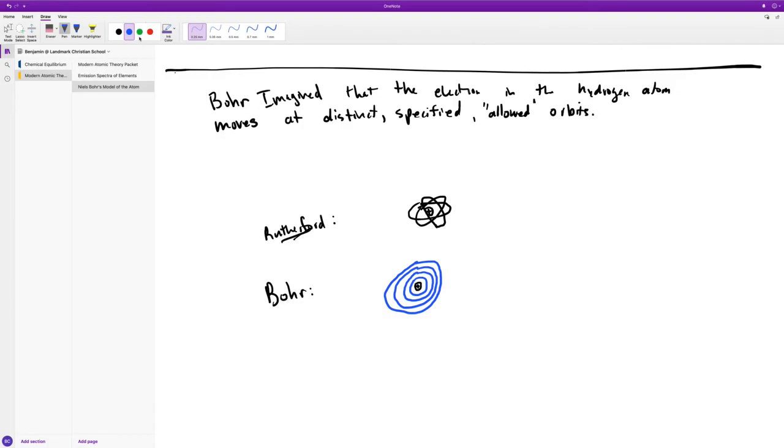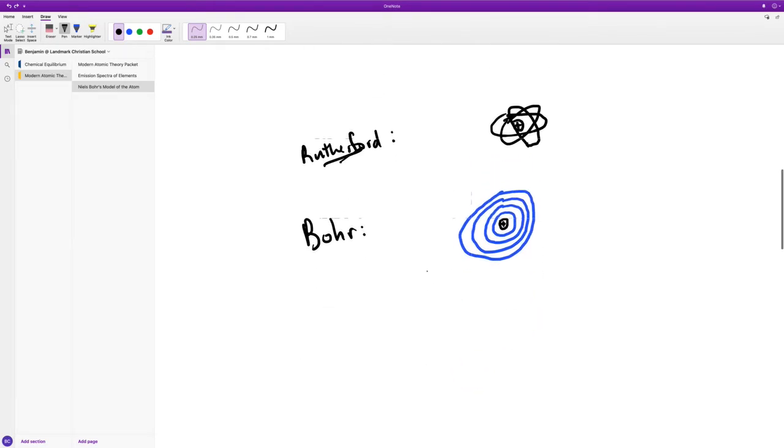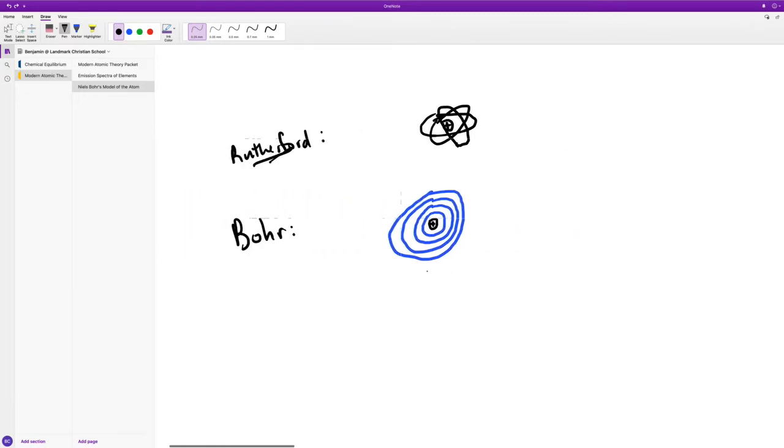Okay, so as the electron is orbiting, imagine that it's right here. So there's our little electron. And maybe I can zoom in a little bit. All right.